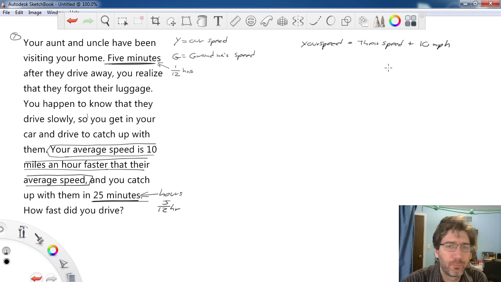You also know that your speed times your time, the time that you spend driving, I guess we're going to call this your time because grandma's going to have more time, is going to be equal to their speed times their time in hours.